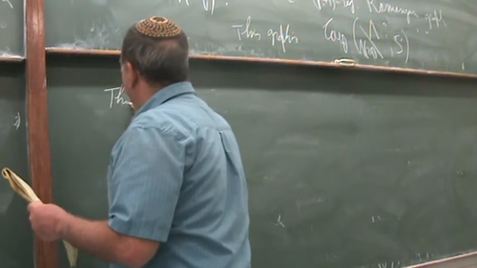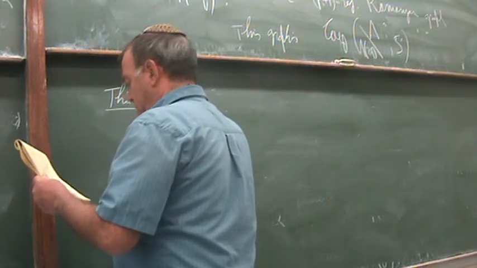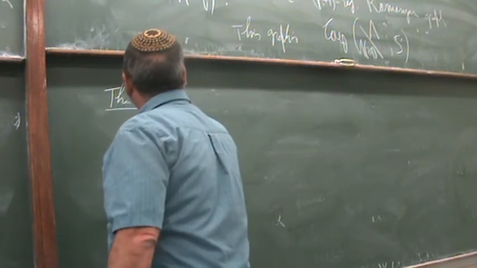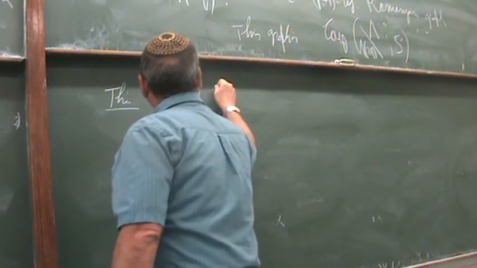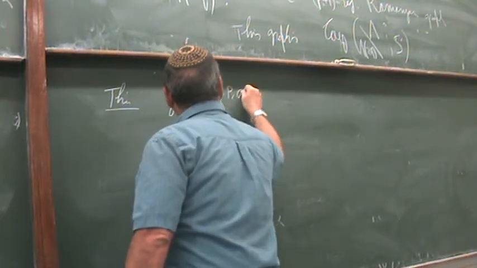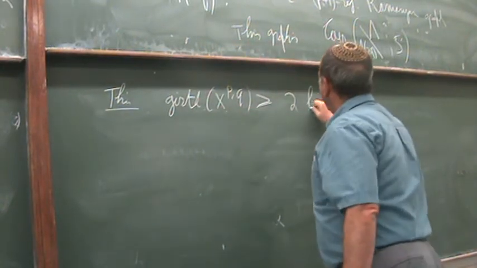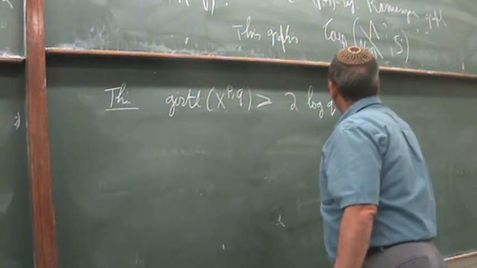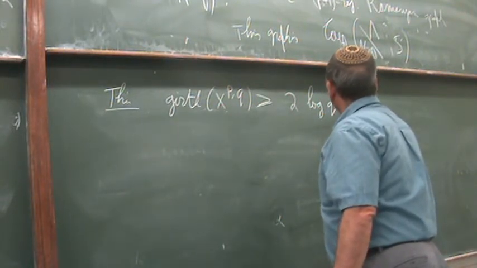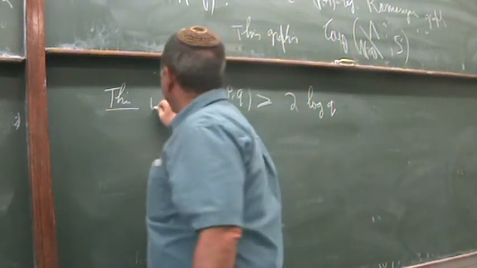Theorem: the girth of XPQ is at least 2 log Q. Maybe I will have to subtract some small constant, 4 or 2, I don't remember, we'll see in the proof.